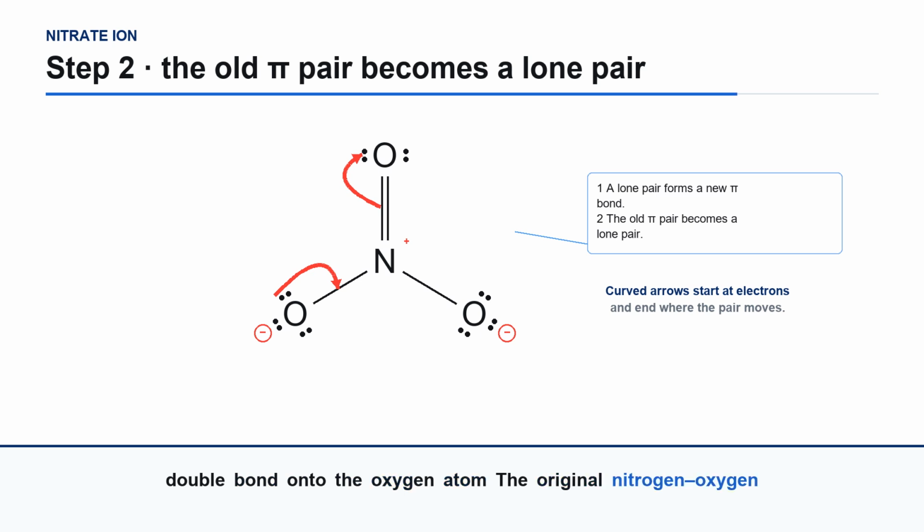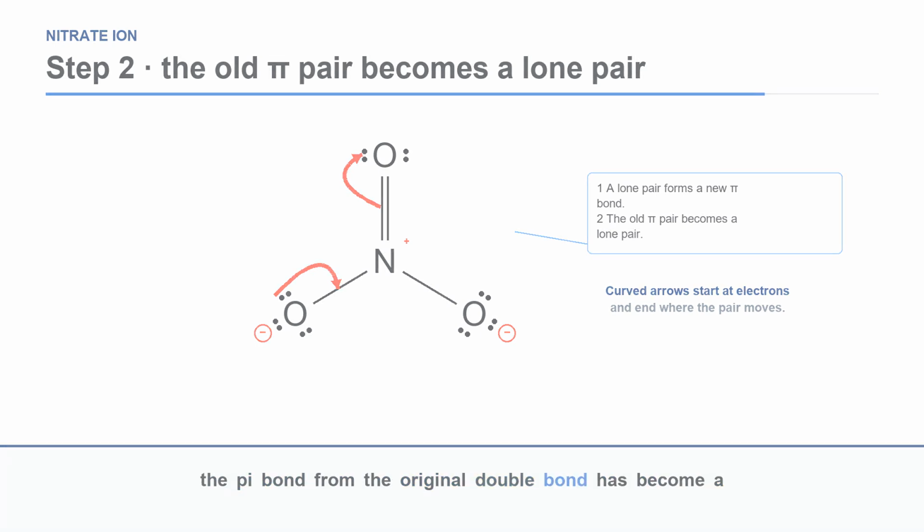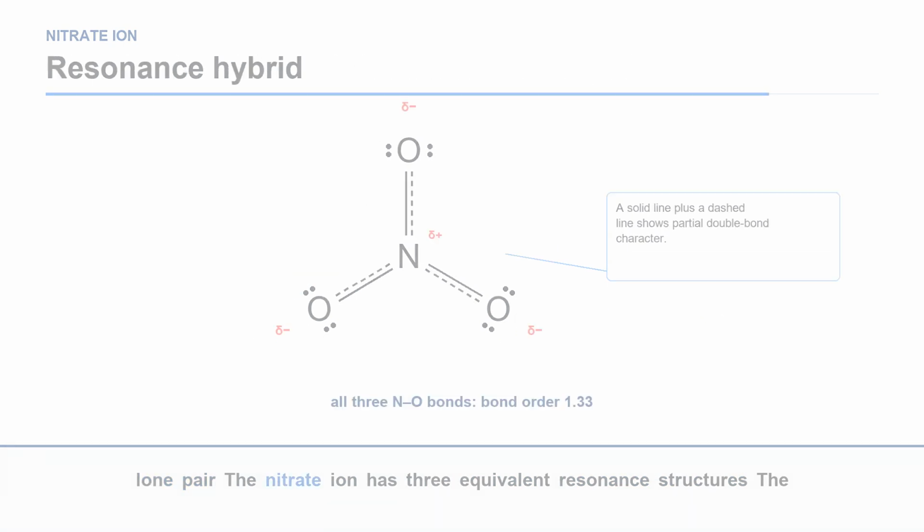The original nitrogen-oxygen double bond becomes a single bond. The oxygen atom receives the electron pair as a new lone pair. A lone pair has formed a new double bond, and the pi bond from the original double bond has become a lone pair. The nitrate ion has three equivalent resonance structures.